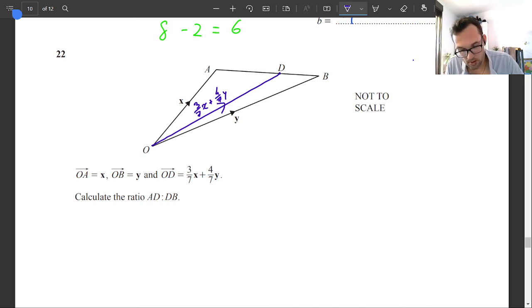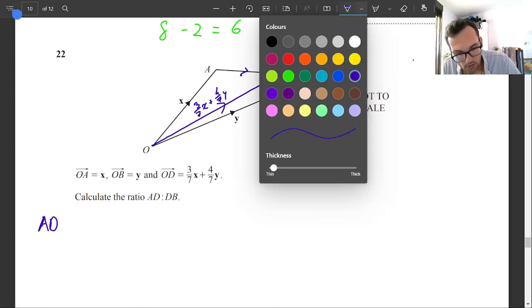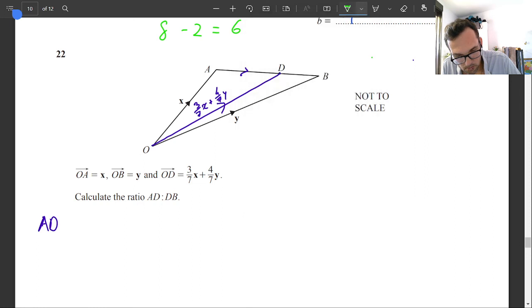All right, so first thing I'm going to do, just start with AD. How do I find AD? Going from there to there, we need to follow a path that we know. So to find AD, from there to there, I need to go down here, x, and then up on the other side, OD.